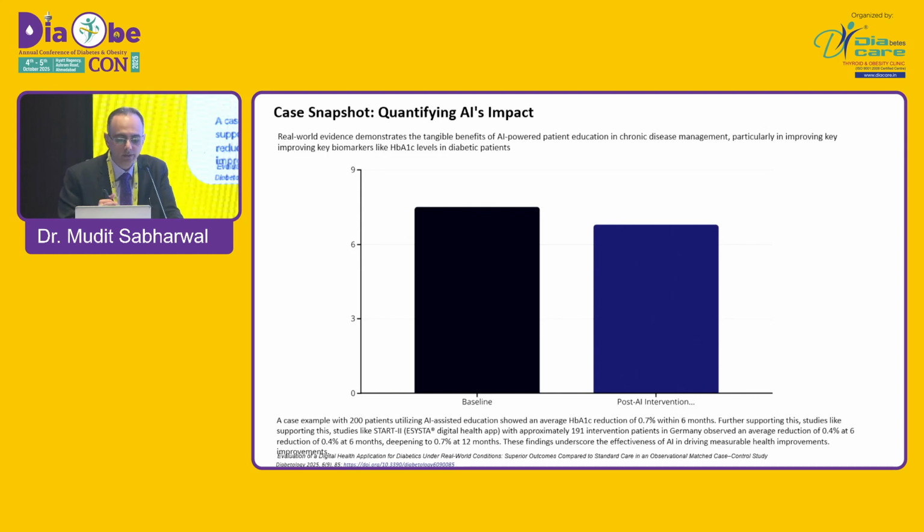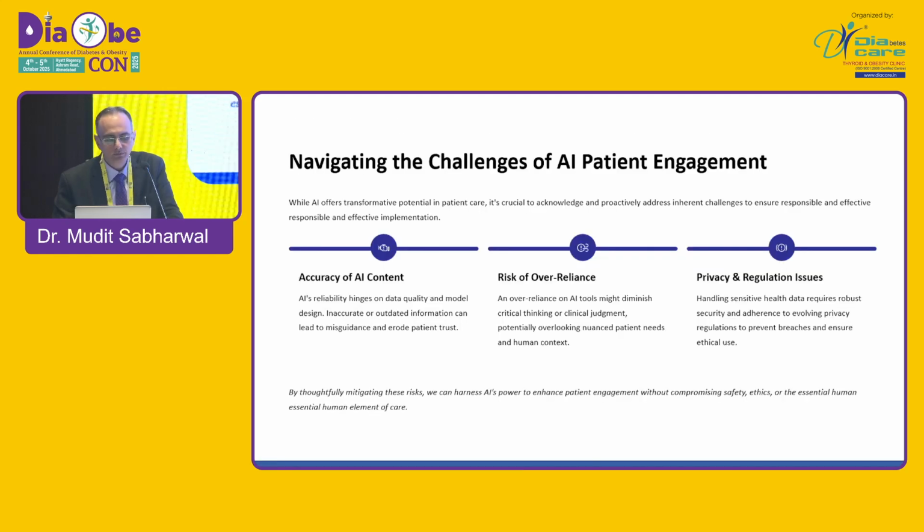There was another study, called START2, based on the eSista digital health app, which also used 191 AI-based interventions, which led to a reduction of 0.4% of HbA1c in 6 months, and again a 0.7% reduction of HbA1c in the next 12 months.